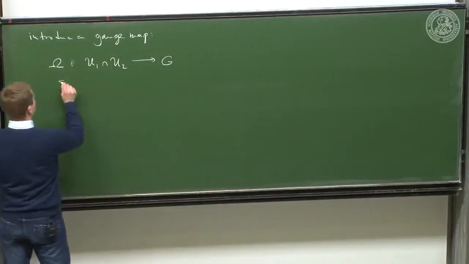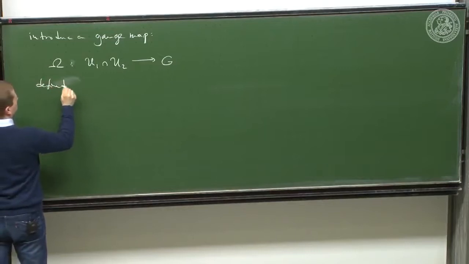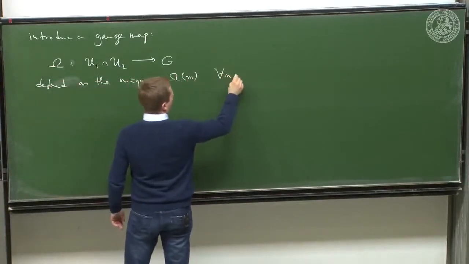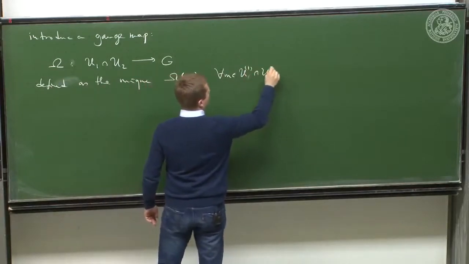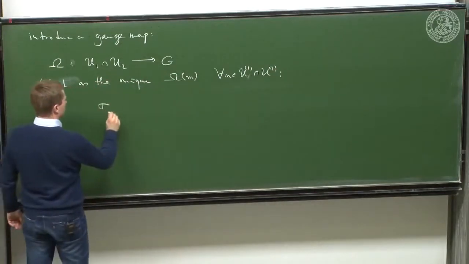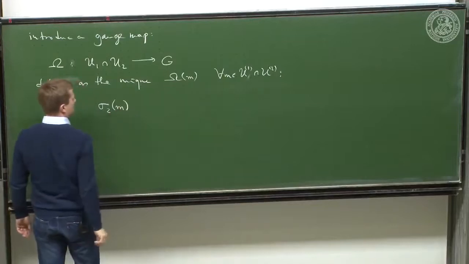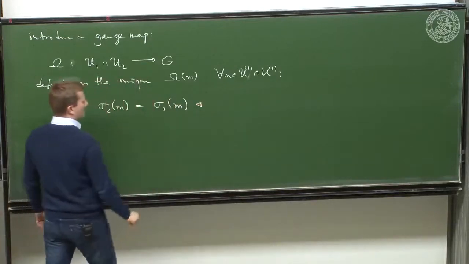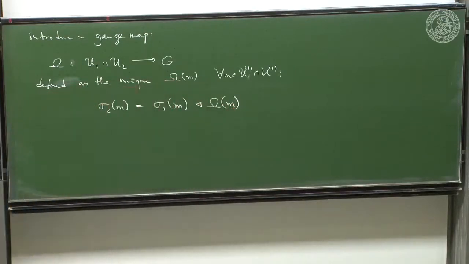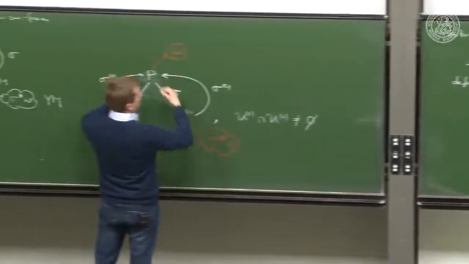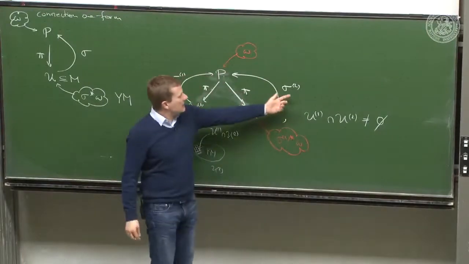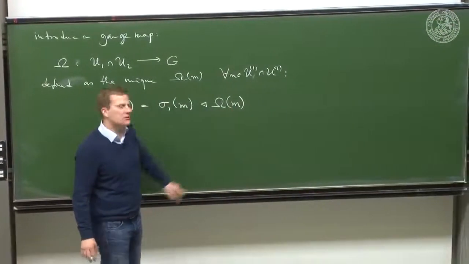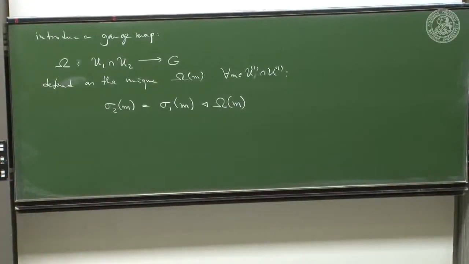And it's defined as the unique omega of M for all M in U1 intersected U2, for which we have that the sigma 2 at the point M in this intersection is obtained from the sigma 1 at the point in this intersection by right action of the group element omega M. So I have two different sections on this intersection, and I generate one from the other by acting on one with this omega M. And this is always possible, and it's always uniquely defined because of the free action of G on the principal bundle.